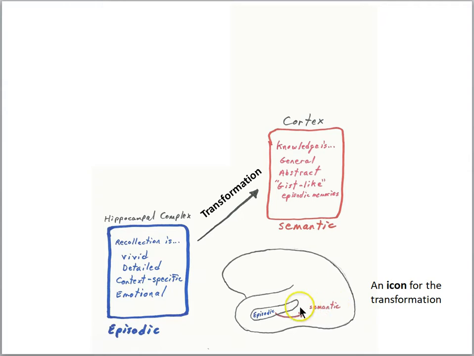The hippocampal system is an important system in giving us the capacity for retrieving episodic memories, but the cortex is where semantic memories seem to reside. So semantic memories do not need the hippocampus for their retrieval. And this process of transformation allows things learned during episodes to be stored in the cortex as semantic memory.